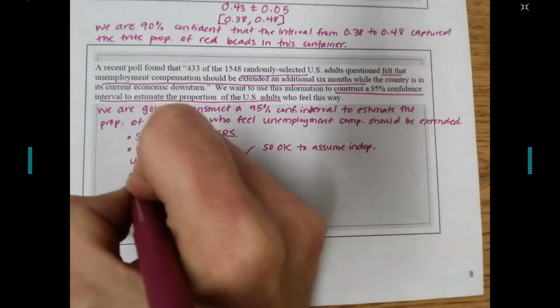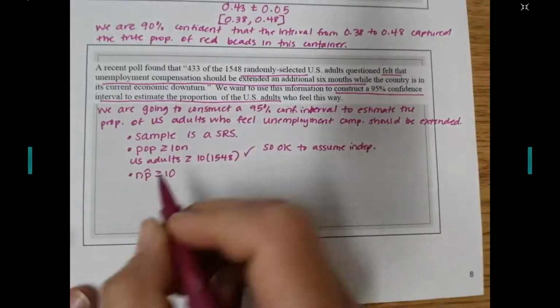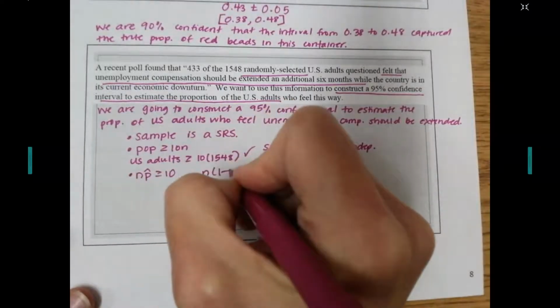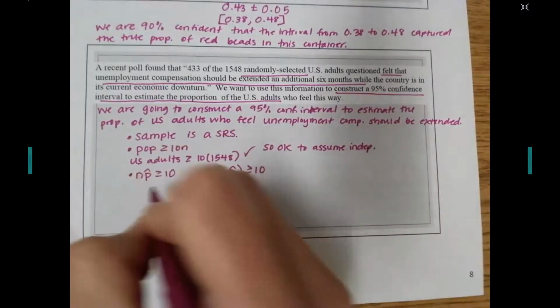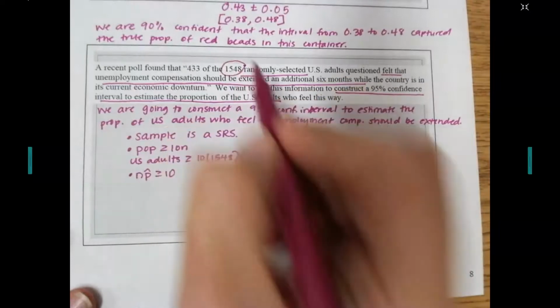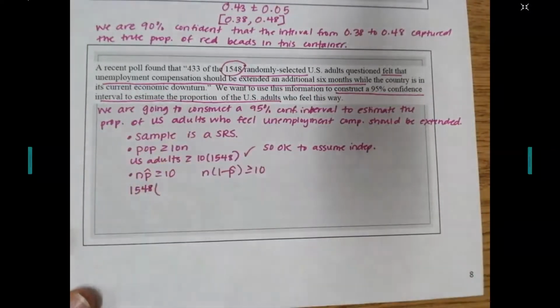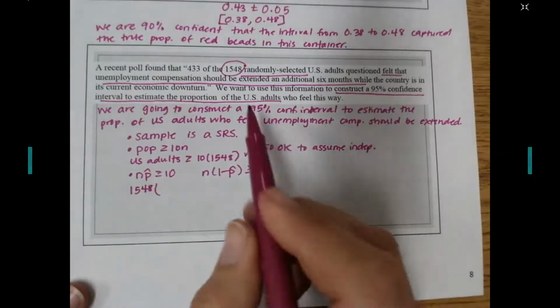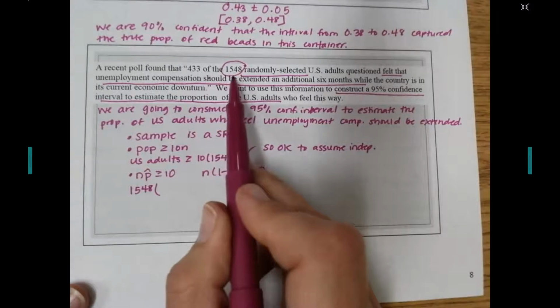Okay. Then I got to check for normality. So n times p, and remember we don't know the true p, so we've got to use p hat. And n times 1 minus p, both need to be greater than or equal to 10. So n, the sample size here, is 1,548. P hat, okay, well we need to find p hat, right? So here is my statistic, 433 of these.